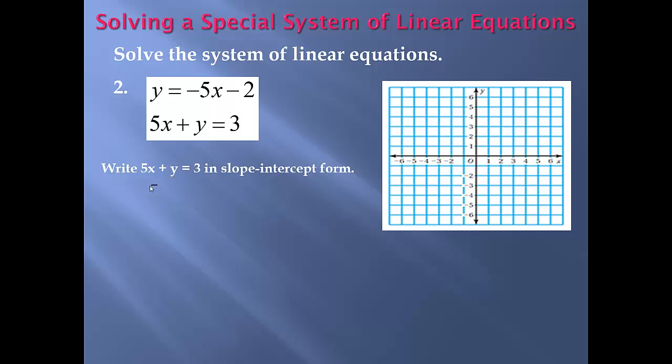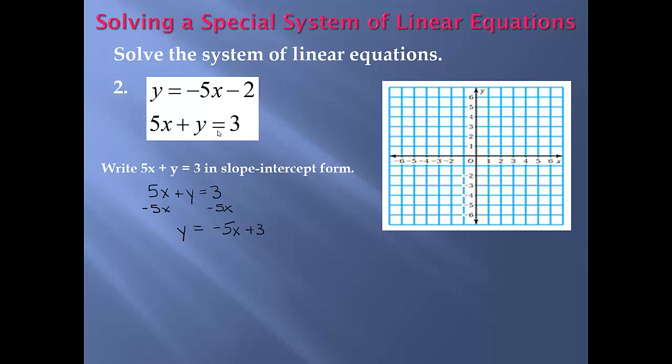So we have 5x plus y equals 3. To put this in slope-intercept form, we need to subtract 5x on each side. And now we're going to have y equals negative 5x plus 3. So this is the second equation.